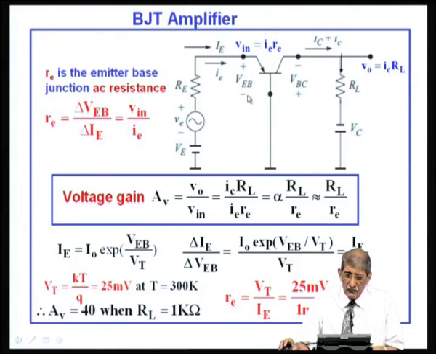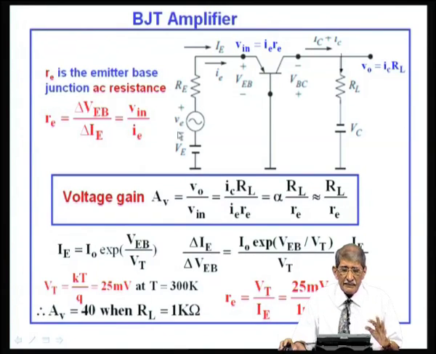Now, to use it as an amplifier for small signal purposes, I apply a small voltage ve in series with this. This is not the way it is actually applied, but I am showing it schematically like this. So, ve sets in a current ie, small ie, which is an AC current, and when it flows, it develops an AC voltage vin across the emitter and the base.